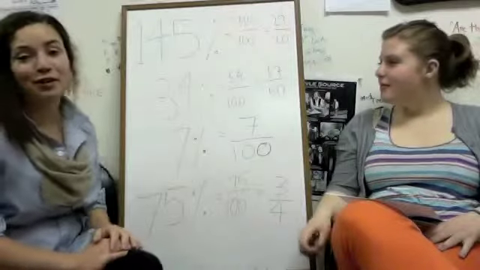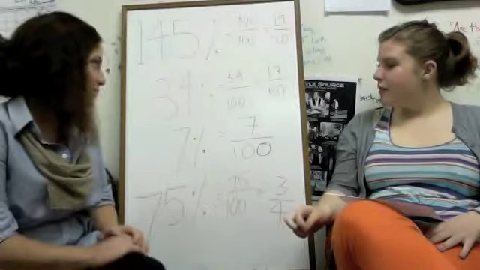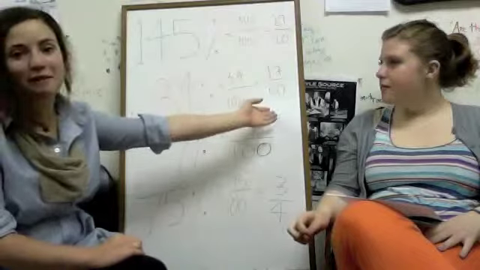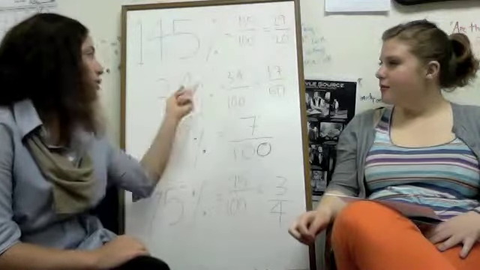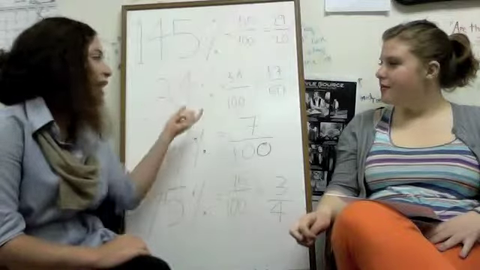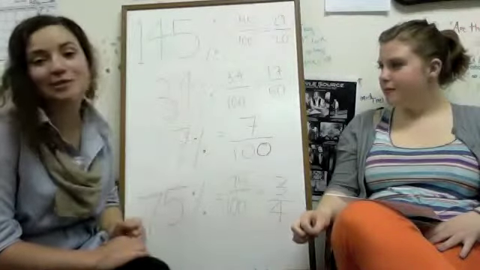34%. 34 divided by 100 is equal to 17 divided by 50. You can divide both 34 and 100 by 2. 34 divided by 2 is 17, and 100 divided by 2 is 50.